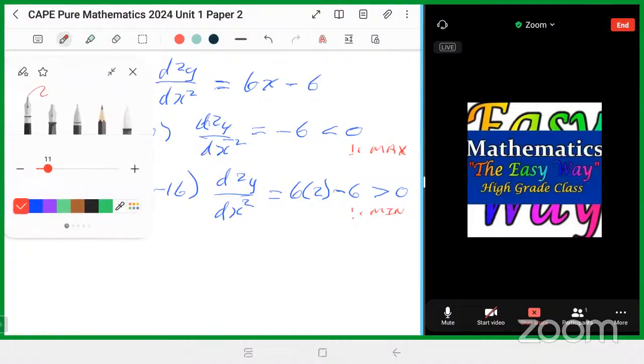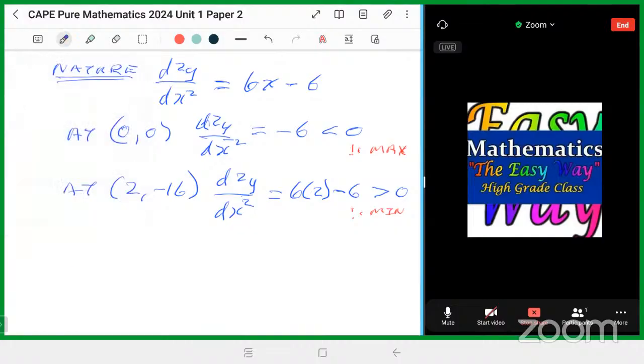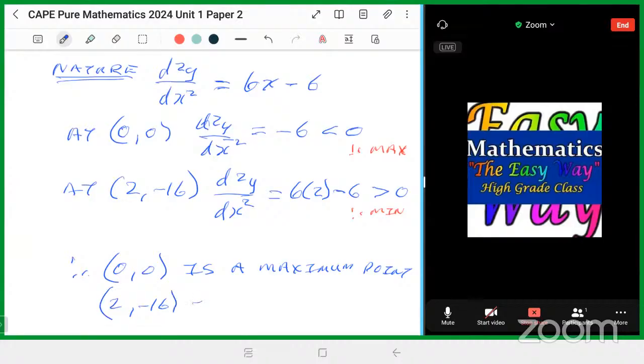You can draw the conclusion and say, therefore, 0, 0 is a maximum point, and 2, negative 16 is a minimum point.